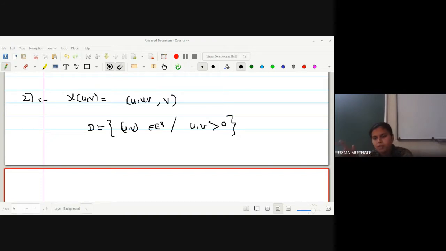When you keep a function as it is or you keep a variable as it is. You can find the Jacobian matrix in either way and then find whether the rank of this matrix is equal to 2. Then you can say that the rank of the matrix is equal to the dimension of the domain and hence the mapping X is regular. So from 1 and 2 you can say that the mapping X is a coordinate patch.